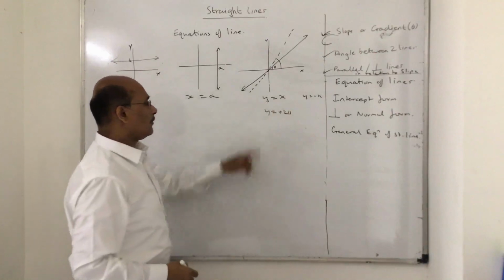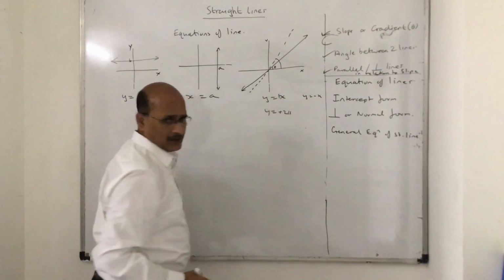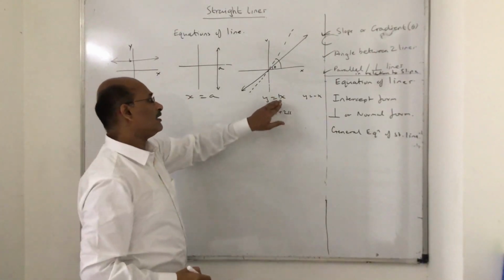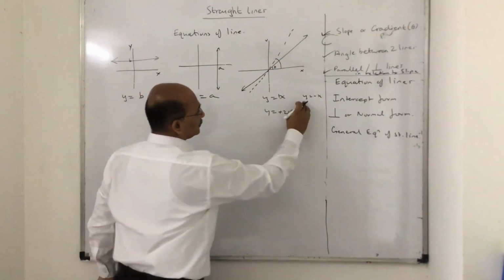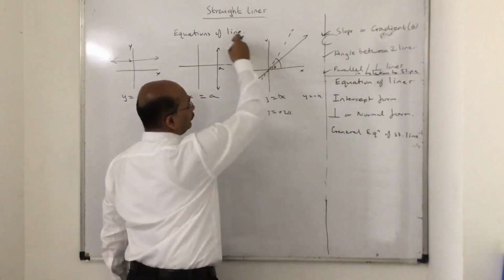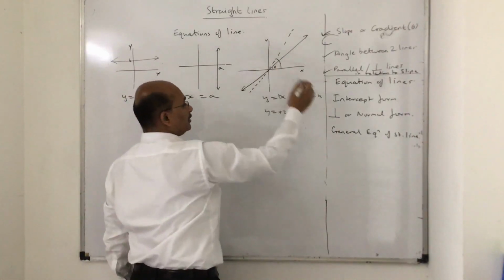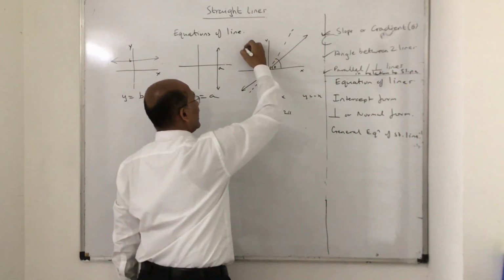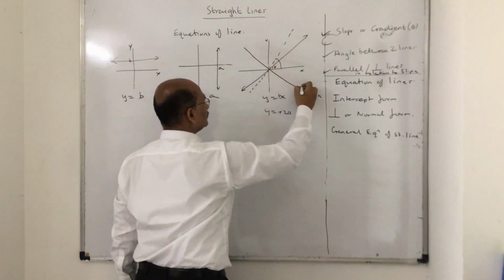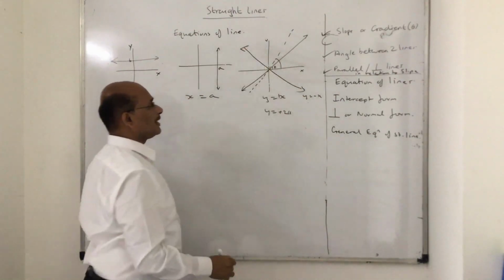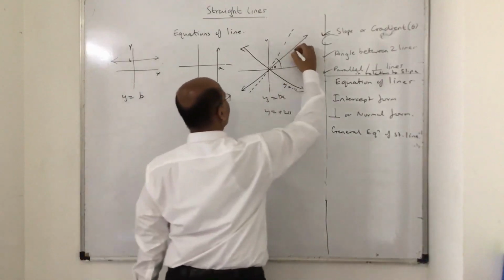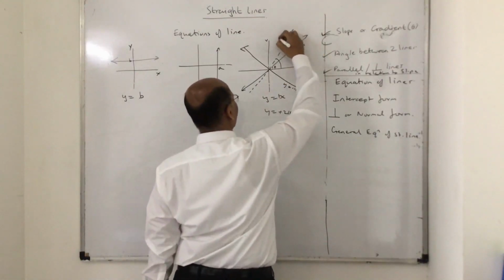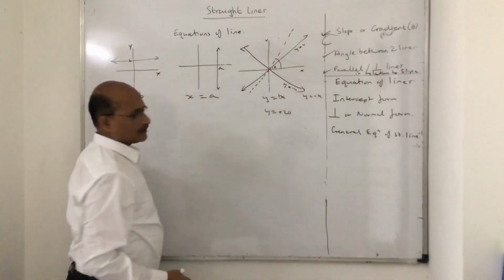Remember, whenever the slope is positive, here the slope is 1, the line moves from the first quadrant towards the third quadrant. But whenever the slope is negative, the line will move from the second quadrant to the fourth quadrant. So in this case, the line will be like this: y is equal to minus x. So this is y is equal to minus x, and this line is y is equal to x, and this is tentatively y is equal to 2x.